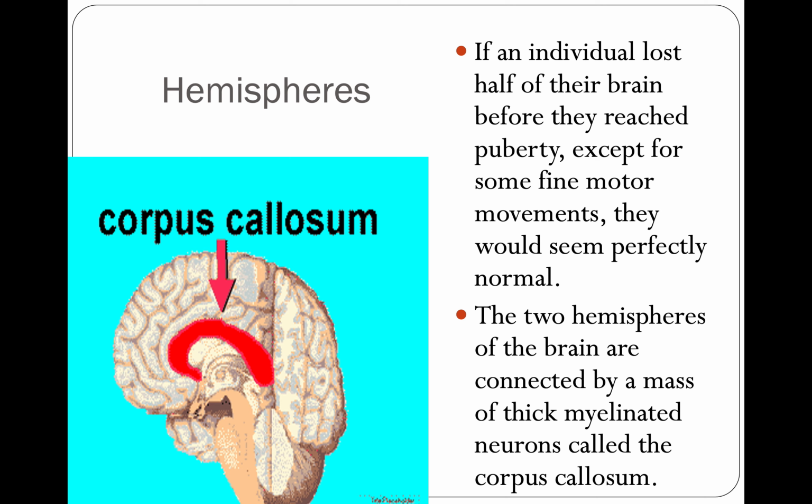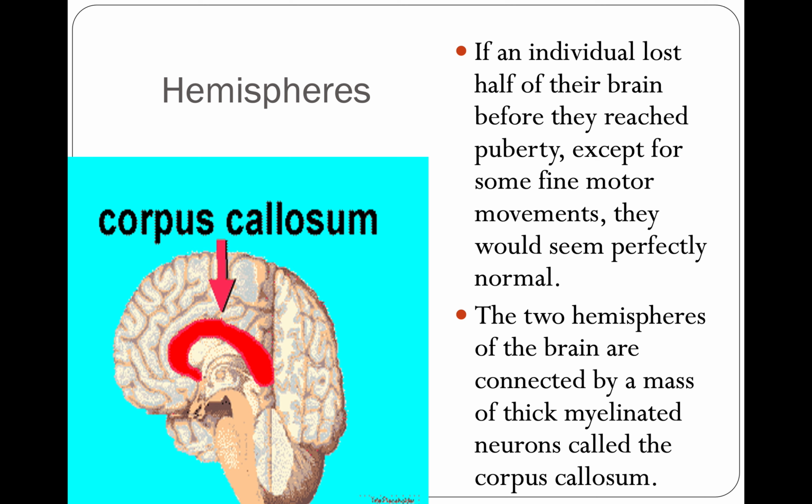Now the interesting thing about the corpus callosum is you can damage this thing. Women who drink during pregnancy, when the corpus callosum is forming in their fetus, this will not form properly. And when we talk about fetal alcohol syndrome, I'll show you the difference between a normal corpus callosum and one that is affected by the alcohol that the individual drank.